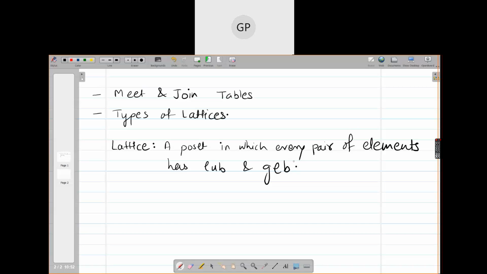This is the definition of a lattice. There is some partial order relation defined, and the lattice is denoted by L, join and meet. This is the join symbol and this is meet. Join means LUB, least upper bound, meet means greatest lower bound. I hope all of you remember this.